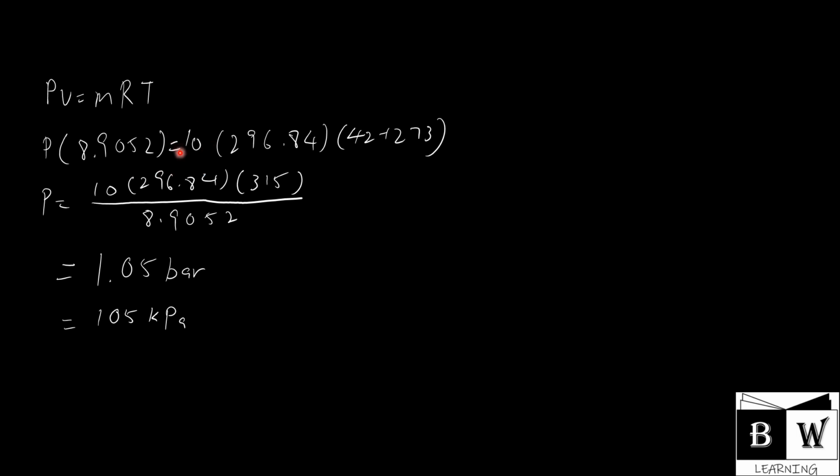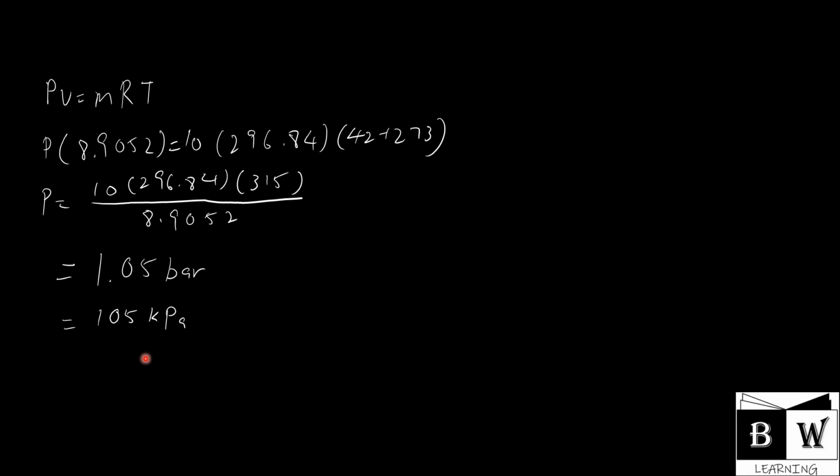Likewise, this 10 kilogram is 2 kilogram added to 8 kilogram. The gas constant is the same, and our final temperature is 42 plus 273. With all this information, we can find our pressure using the ideal gas equation, and we find that the pressure is 105 kilopascal.